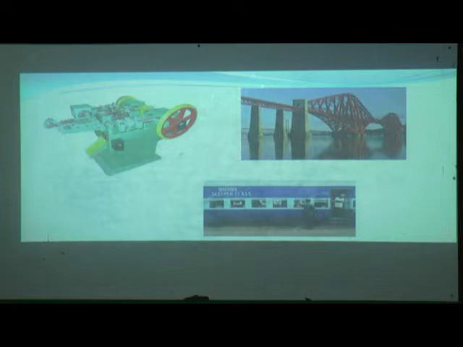Can you see here big hard machines, a bridge, and a railway train.